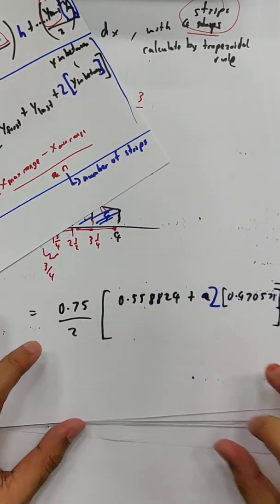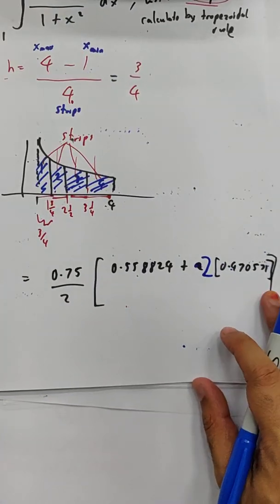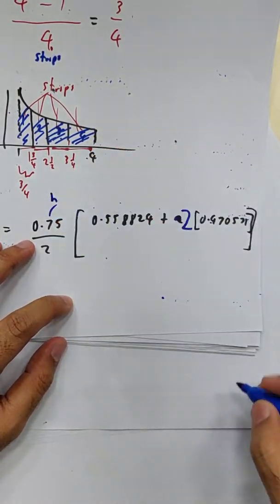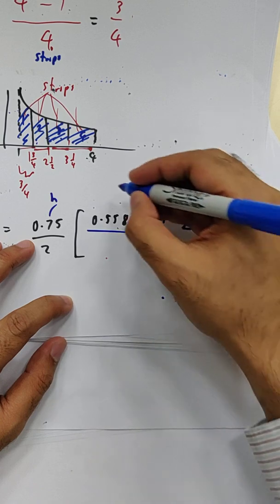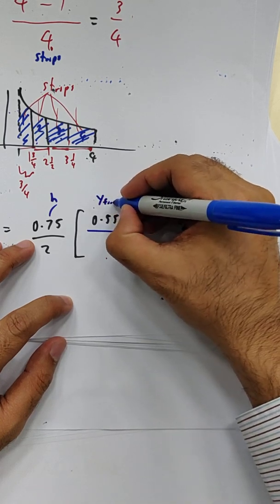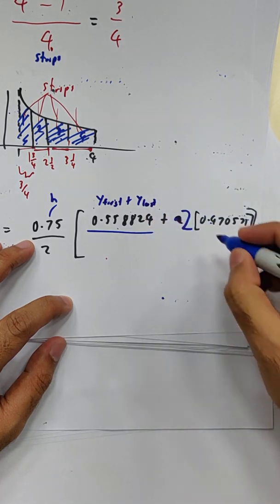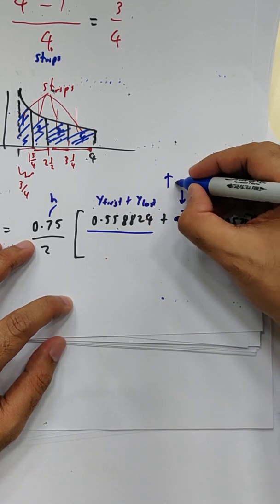Let me remind you again. Oh, sorry about that. This one is the h. This one is y first plus y last. Don't forget to times 2.